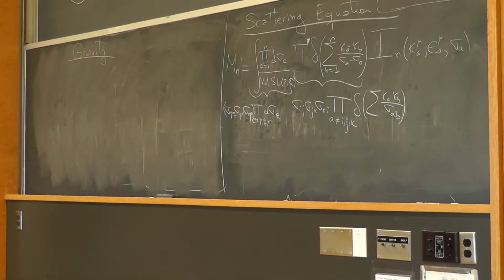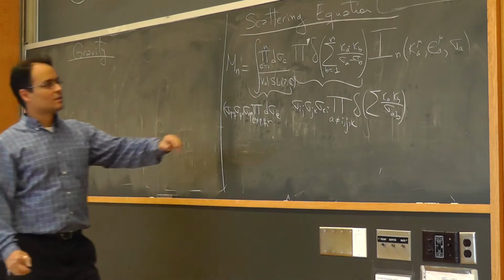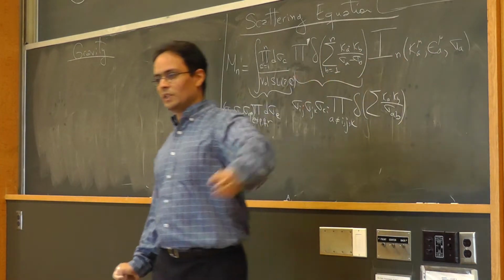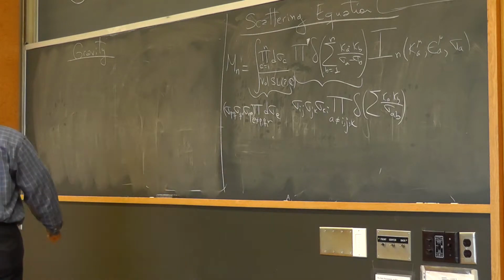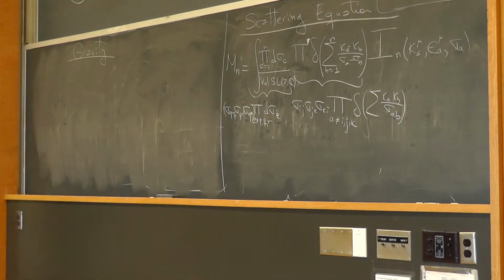So let's think about gravity first. What could that object be? Well, it has to be something that is gauge invariant. So if we replace any of the polarization vectors, in the case of gluons, by just a momentum vector, we should get 0. That's one constraint, gauge invariance.